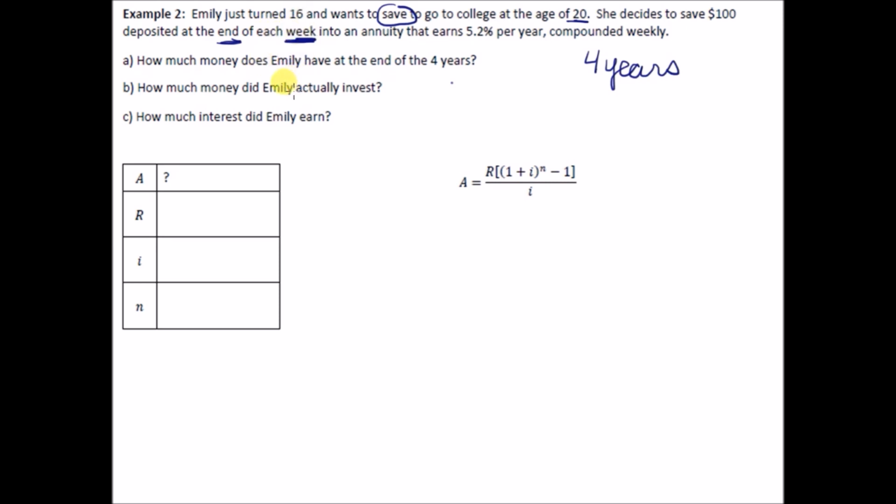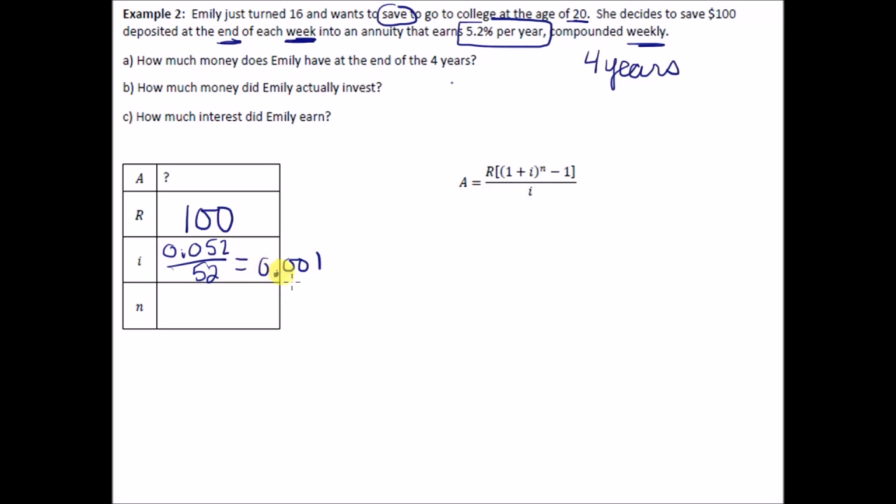That would be the compounding period, weekly, into an annuity that earns 5.2% per year, compounded weekly. Okay, so I'm going to skip this for a second. The regular payment, she's paying $100 into an account. It's earning 5.2 per year, but because it's paid out weekly, we divide it by 52 because there are 52 weeks in a year.